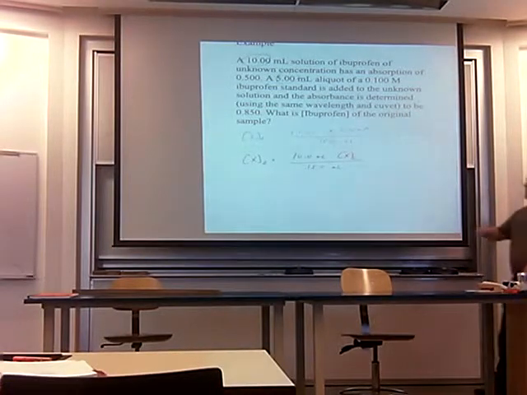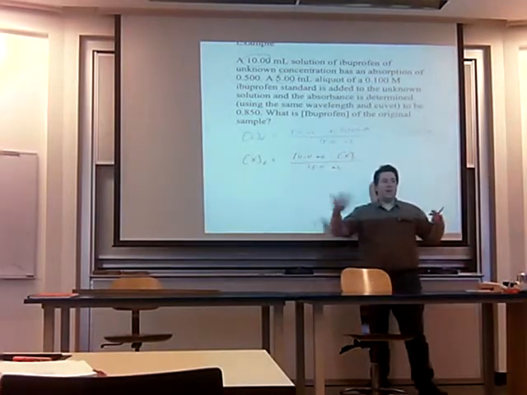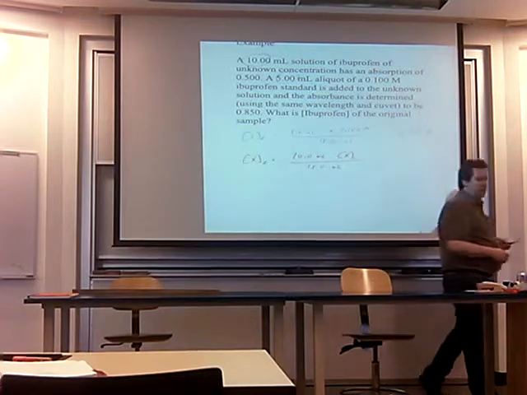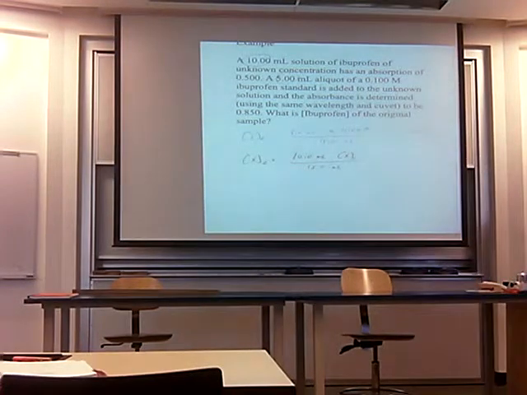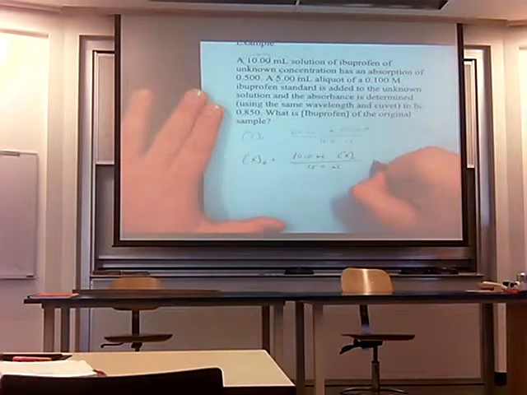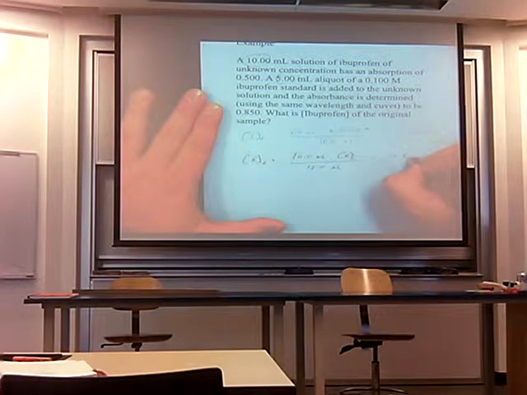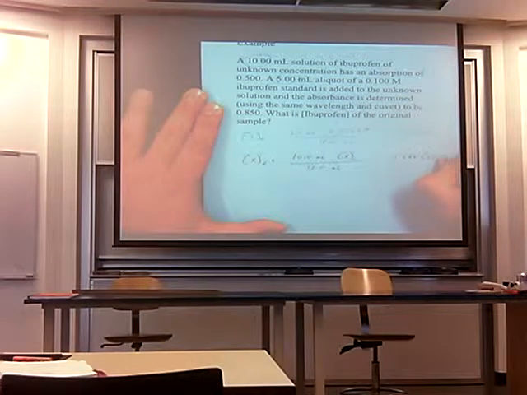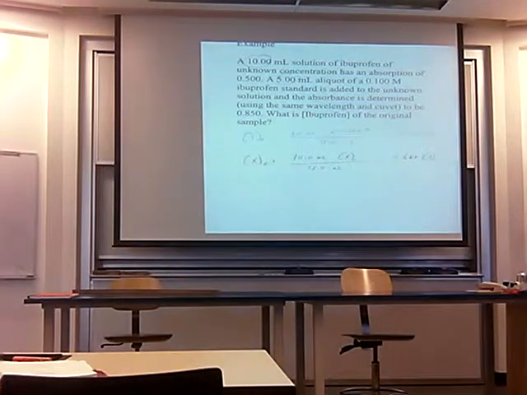Or in other words, the ibuprofen that was in the unknown originally is now 0.667 times what it started with, because it's been diluted a little bit.